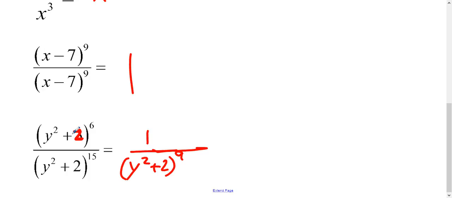So if that was a 2 like it was supposed to be, that would be our answer. But in general, if the bases are not the same, and I'm not here to tell you that it's a typo, then you can't do anything to it.